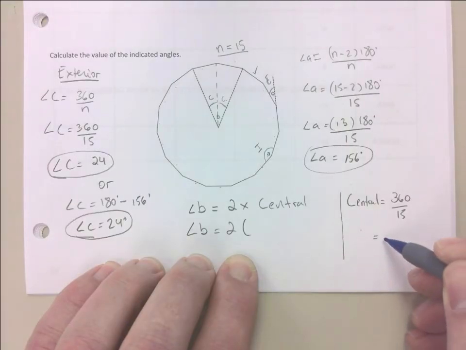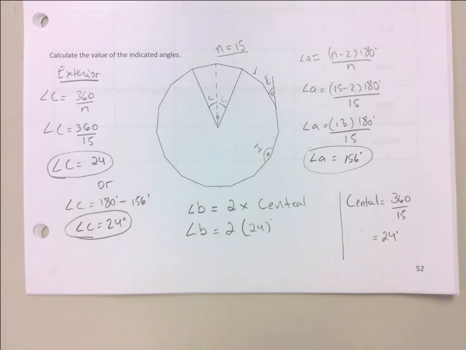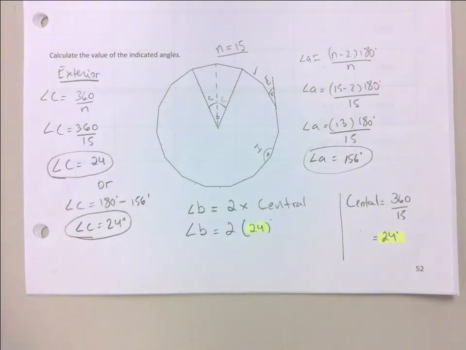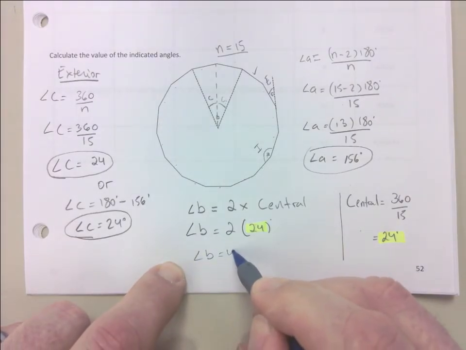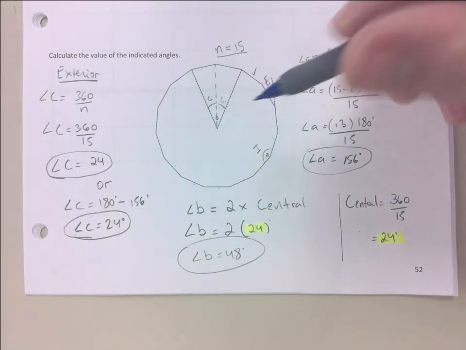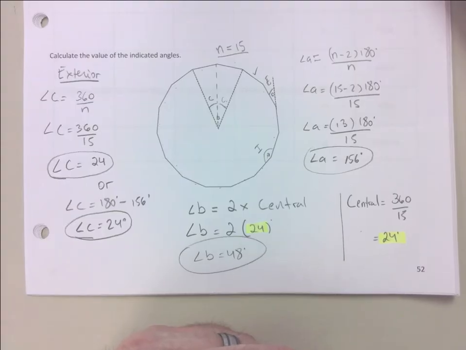That is going to be equal to 24. So it's 2 times 24 degrees, right? This 24 comes in there, and it's 48 degrees altogether. Okay, so angle B is 48 degrees, and there you have it. Okay? Good? Fun stuff? All right, keep going.